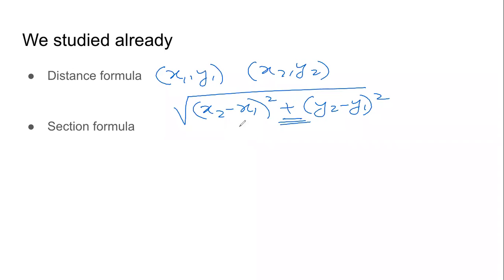Similarly, we can change the sequence of the arguments within the term, because we have a square here. Even if we change the sequence, because we are squaring, we will end up with a positive number only. Remember this. So the same formula can be written in 4 different ways.